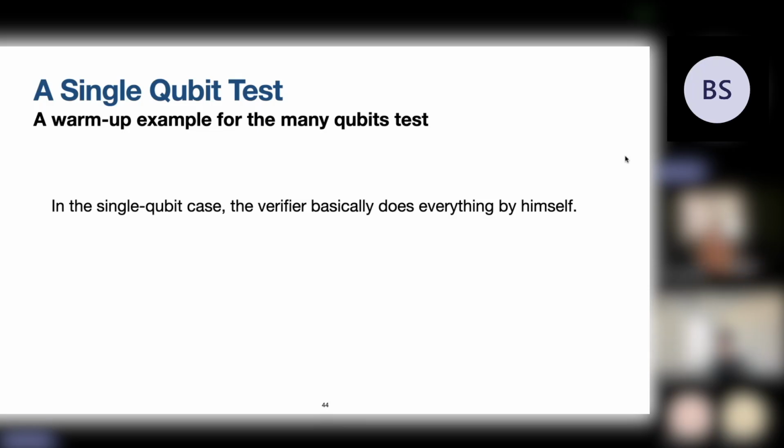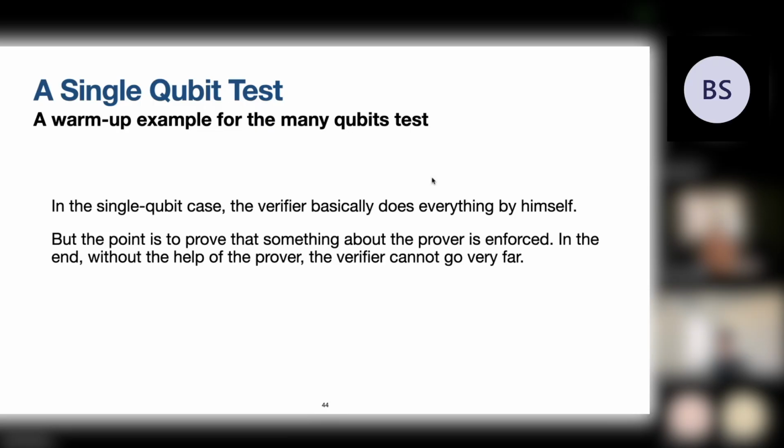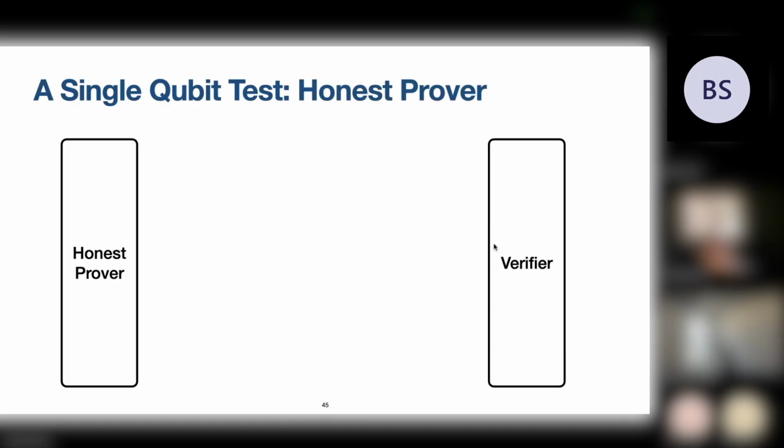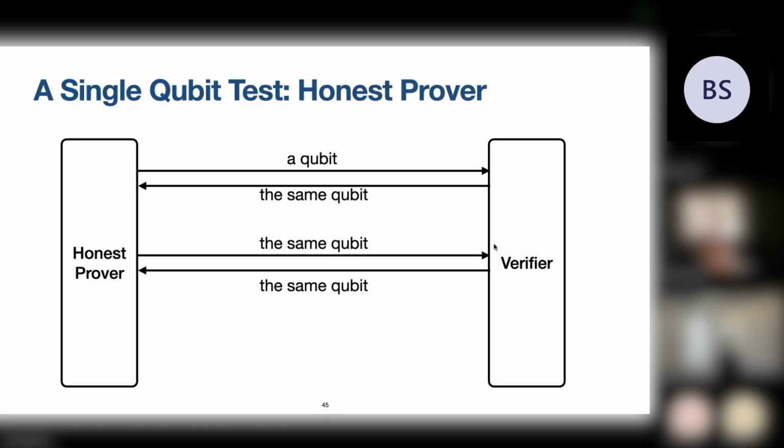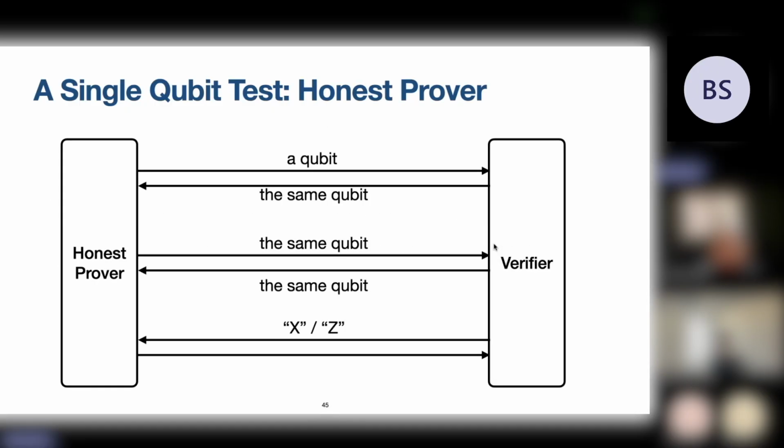And I'm going to present how to do the test for a single qubit. In the single qubit case, the verifier can do everything by himself, but the point is to prove something about how to enforce the prover. Because in the end, without the help of the prover, the verifier cannot go very far. So that's the setup.